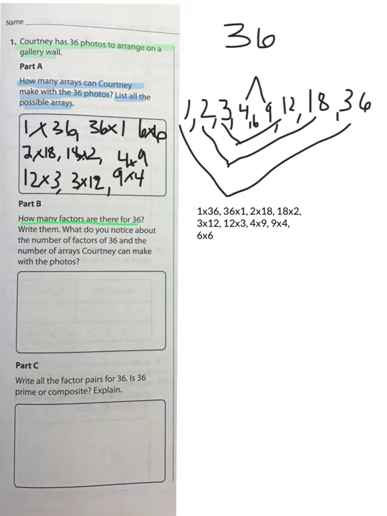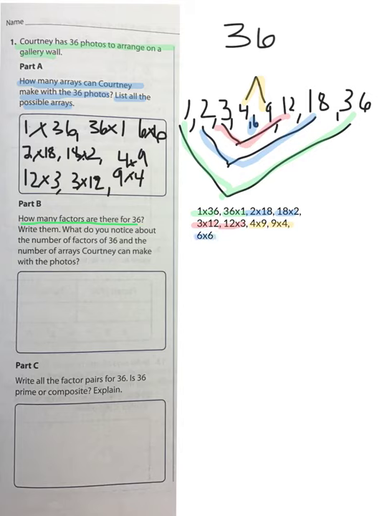So you should have 1 row of 36 and 36 rows of 1, 2 rows of 18, 18 rows of 2, 3 rows of 12, 12 rows of 3, 4 rows of 9, 9 rows of 4, and we have 6 times 6.